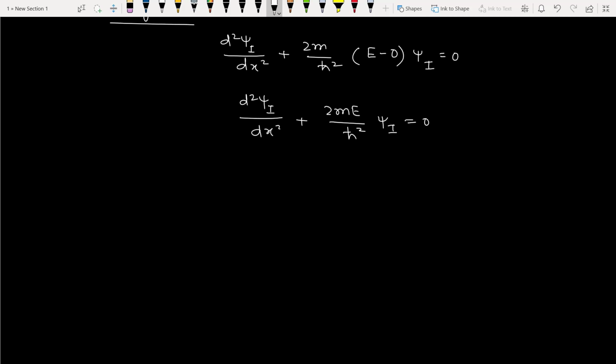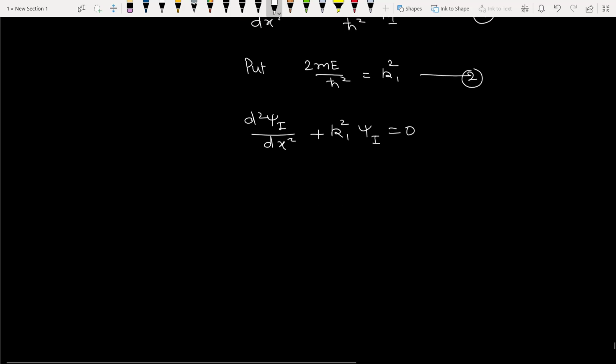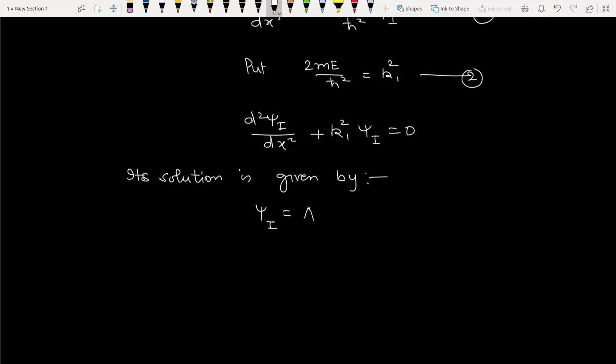So we mark this as equation number 1 and we put 2mE over h cut square as k1 square. So equation 1 will become, with the help of equation number 2, d2psi1/dx2 = minus k1 square psi 1, and its general solution is given by psi 1 equal to A e raised to power i k1 x plus B e raised to power minus i k1 x.